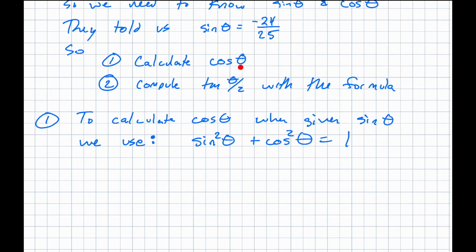All right, so you use this identity here. They told us sine theta is negative 24 over 25, so we put negative 24 over 25 into the sine. So this is squared: negative 24 over 25 squared, plus cosine squared theta equals 1.